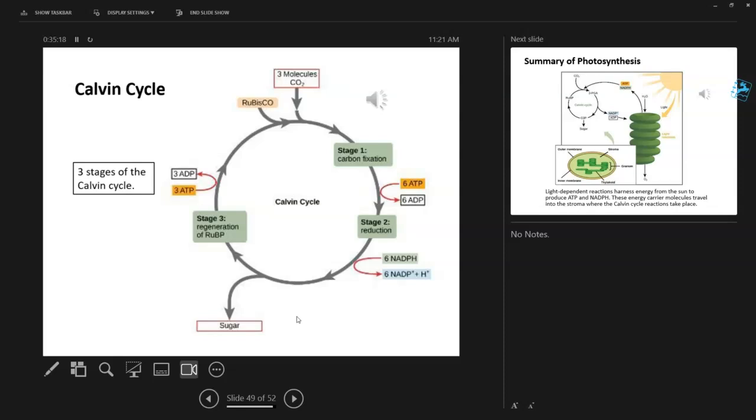But there's some leftover molecule that then combines with some more ATP to make a molecule that combines with more carbon dioxide. This Rubisco is an enzyme that's used for that carbon fixation, to take the carbon dioxide out of the air.